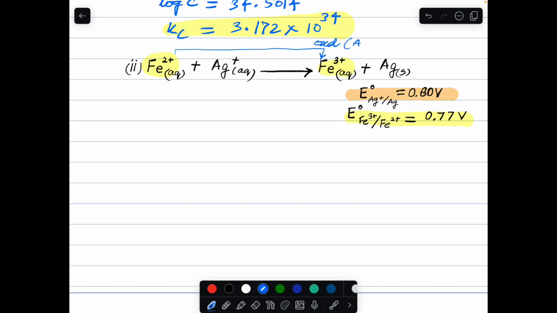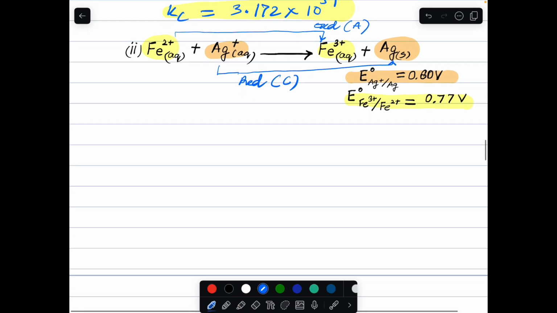And the second one, the silver ions are converting into silver metal. This process is reduction, and therefore this is your cathode. These are the standard values which are already given to us in the question.